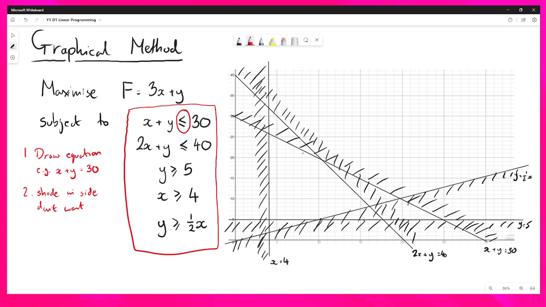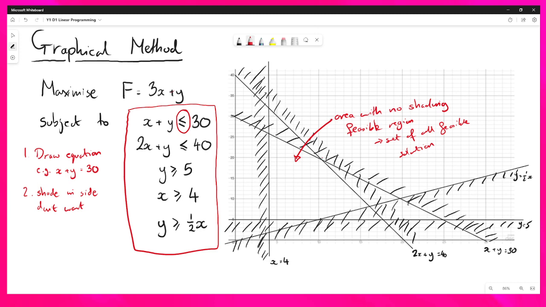Now we can see here that we have a region or an area with no shading. This is our feasible region, and it's the set of all feasible solutions.